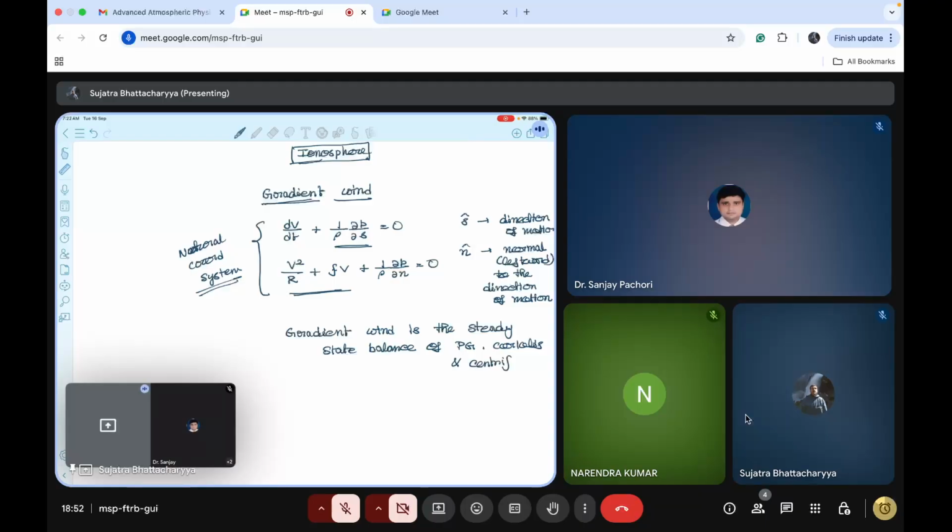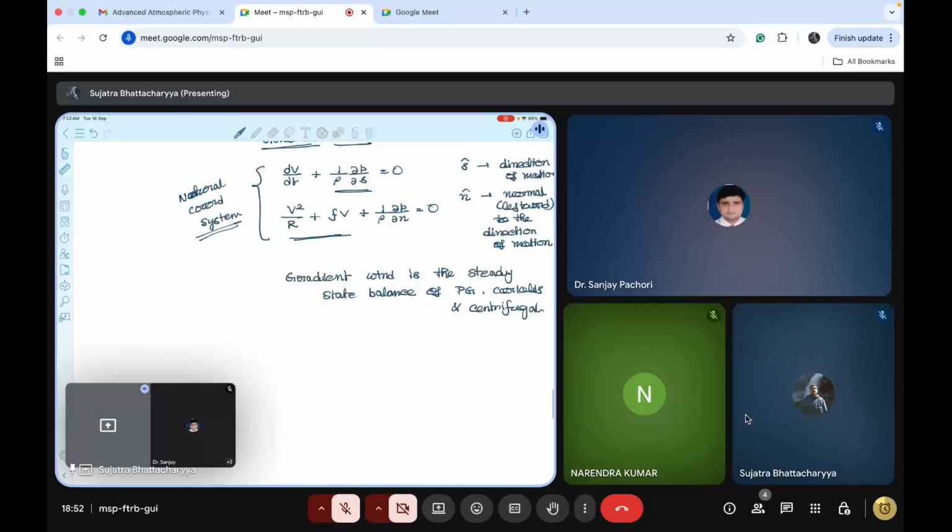All the three act together. So which equation should we use to start with? Of course, this one, which has the centrifugal term, the Coriolis term, and normal gradients of pressure.